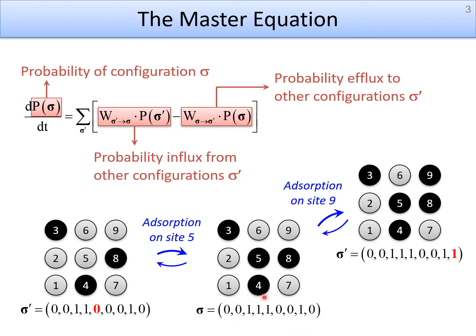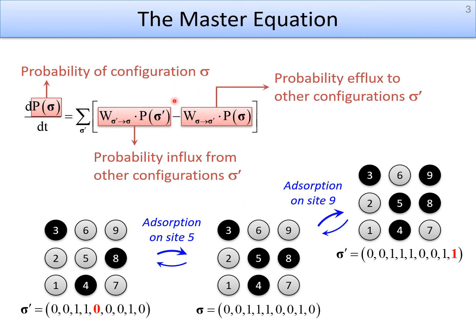So because of the fact that events are reversible in the micro scale, you will see that we always have these terms coming in pairs. So we will have, for instance, adsorption on site 5 here, but also the reverse event desorption that corresponds to probability efflux from this state to that state, and similarly from this state to this state, or if we have the reverse event of this, desorption from site 9, we can go from this state to this state over here.